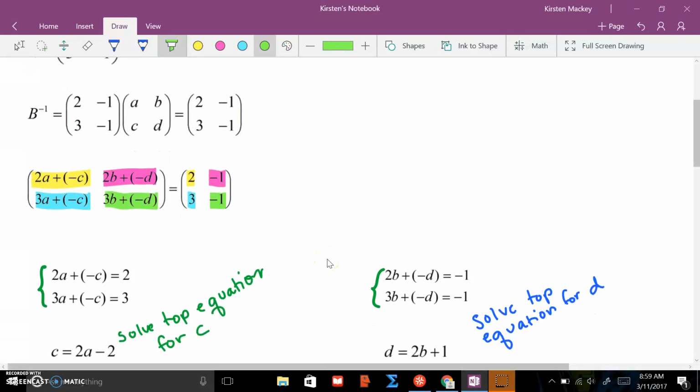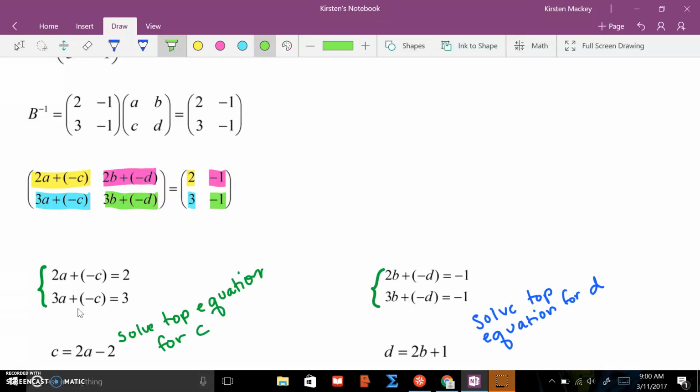And I'm going to solve these systems for A and C and B and D. So what I did for the A and C matrix, I solved the top equation for this C value, so I'm using the method substitution. So when I solve this for C, I get 2A minus 2. And then with my B and D system, I solved the top equation for D here, and I got D equals the value of 2B plus 1.